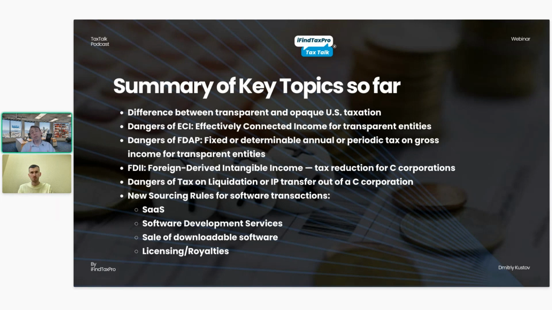And then if you want some sort of blocker for US income, as we discussed, ECI, FDII, all those dangerous words, you can shield yourself via a US entity, and we call it a blocker. That US entity will be reselling software in the United States, and the rest of the structure will be shielded.